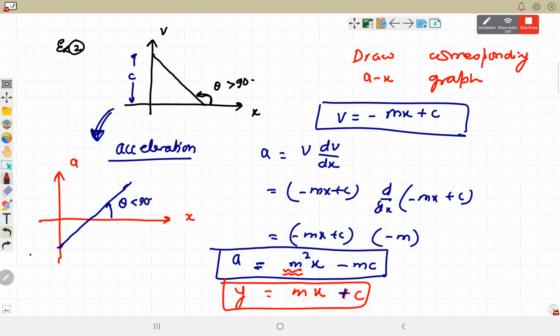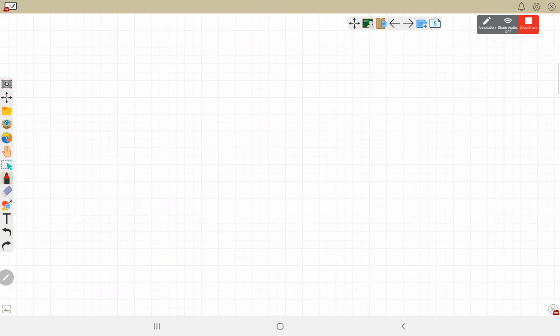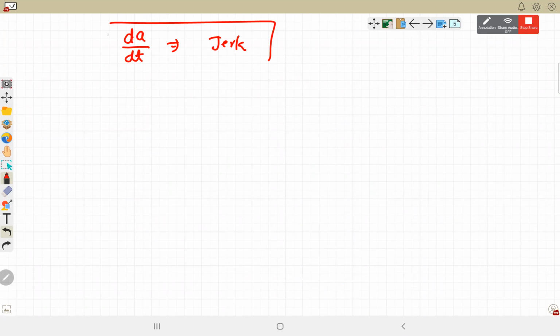अभी हमने सिर्फ slope calculate करके acceleration का भी कुछ slope होता है, and that also has some significance when we differentiate the acceleration. dA by dt also represents something called jerk, the rate of change of acceleration. It is not used much in the syllabus, so don't worry.